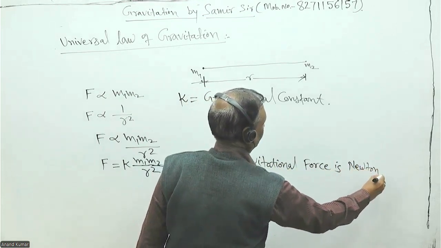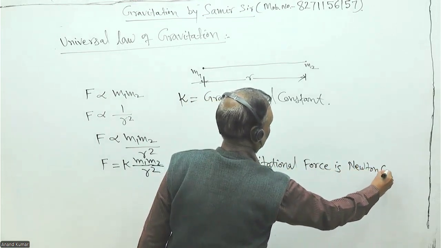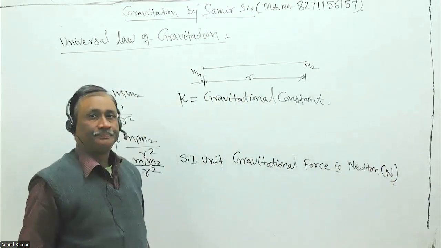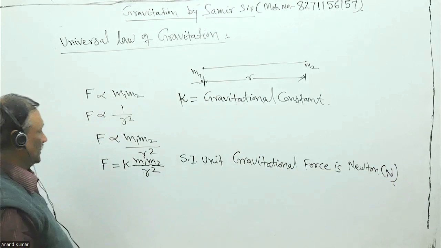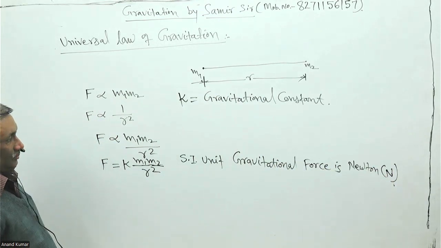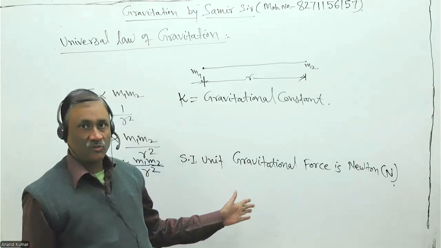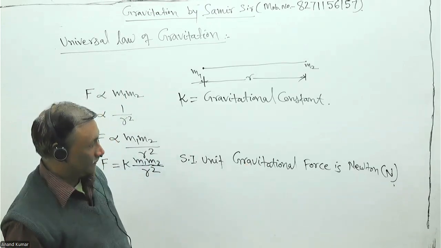Don't confuse that. Its symbol is N. Sometimes students get confused about what the unit of the gravitational force is.